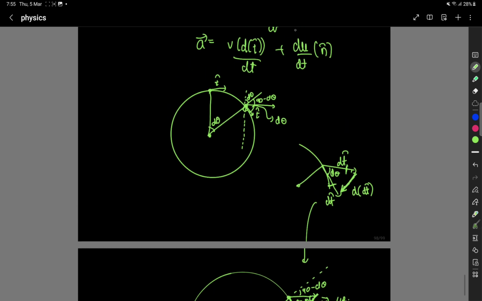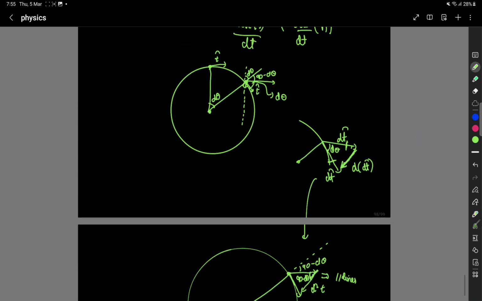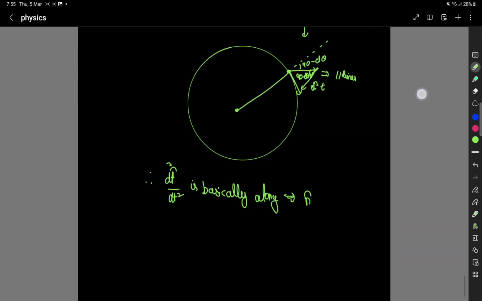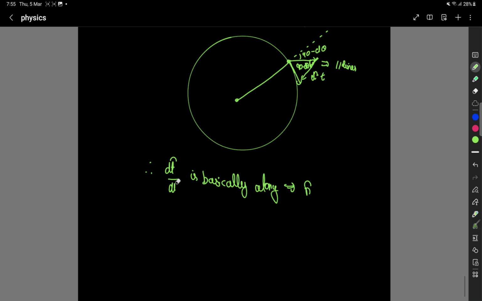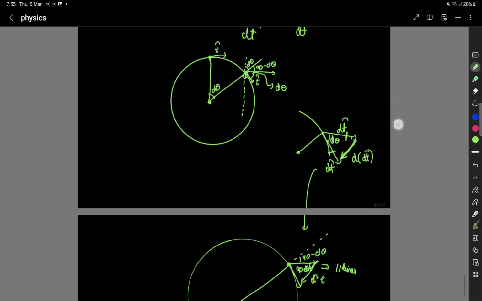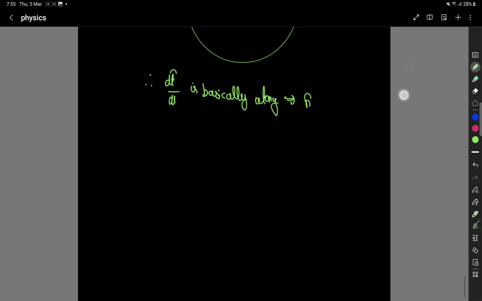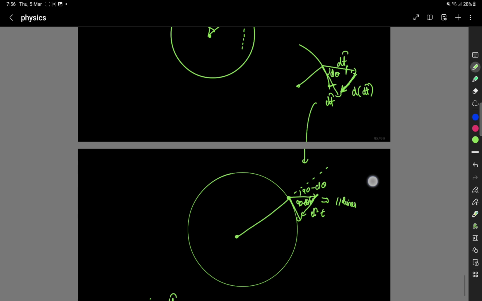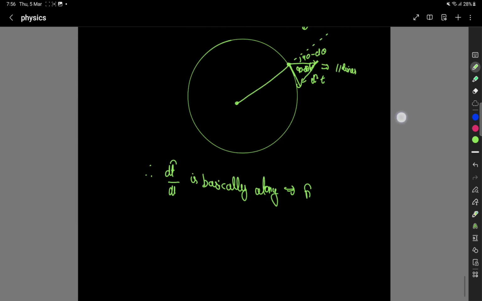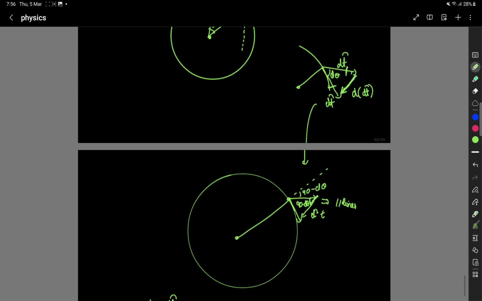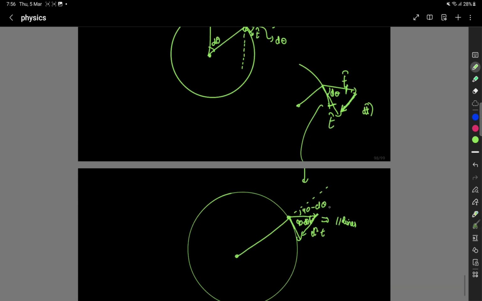Now how do you find this derivative of t cap with respect to time? So this one was known as the derivative of t cap with respect to time. How do you do that? Well, for that you can use geometry. So again, from this triangle, this is t cap. I made a lot of mistakes here. t cap.